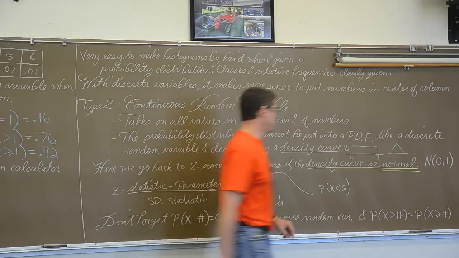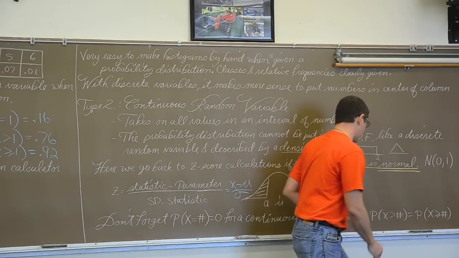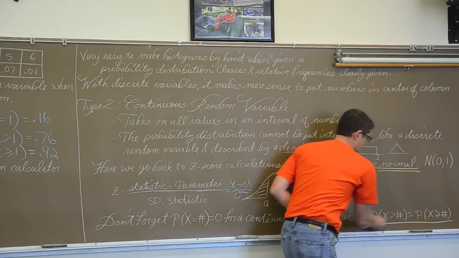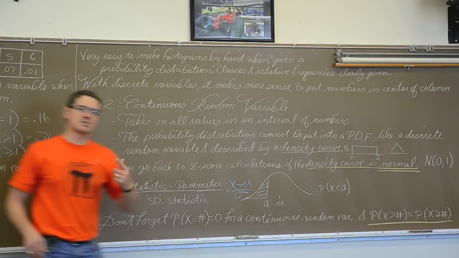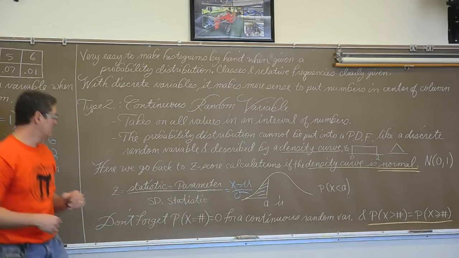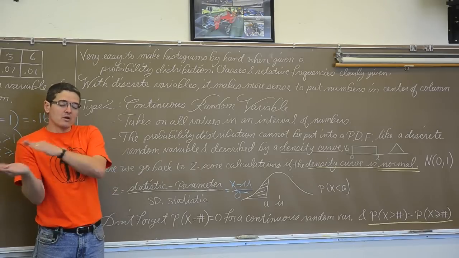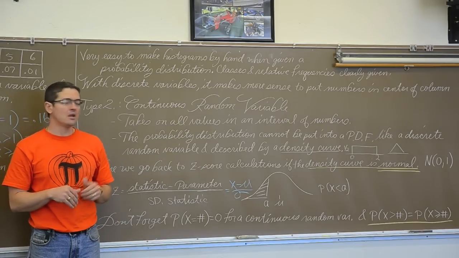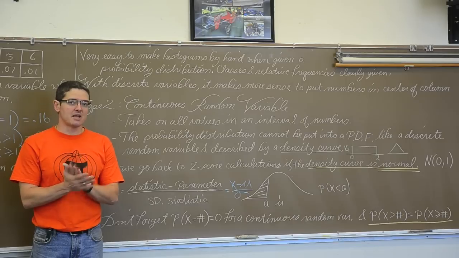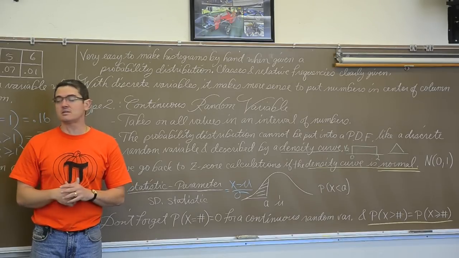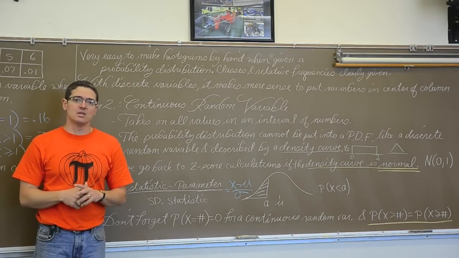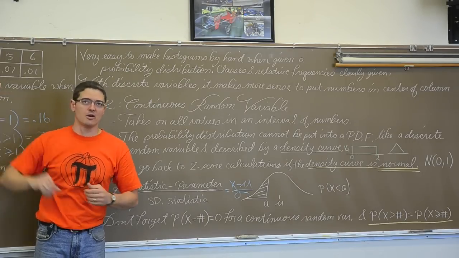And when you're doing a continuous random variable, don't forget that the probability that x is greater than a number, and the probability that x is greater than or equal to a number, or in the other direction, less than or equal to, are going to have exactly the same answer. You didn't see that when we did the example about the discrete random variable.